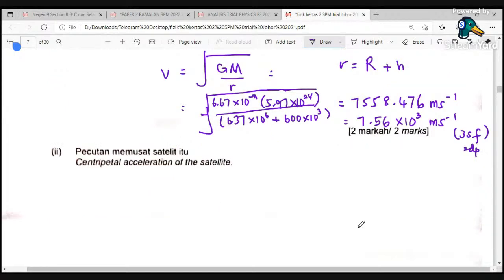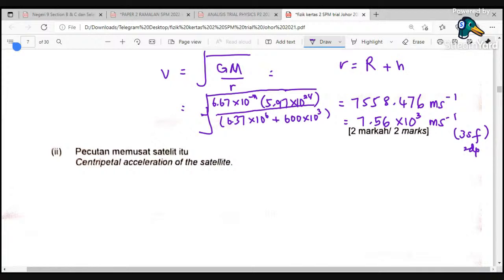Okay, centripetal acceleration of the satellite. Okay, what is centripetal acceleration? Formula: centripetal force F equals to mv squared divided by r.